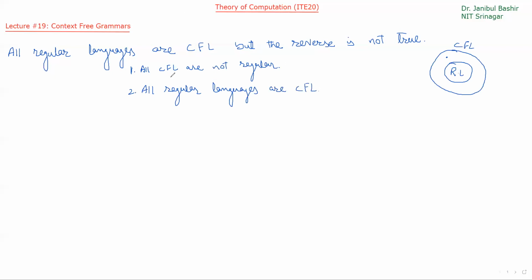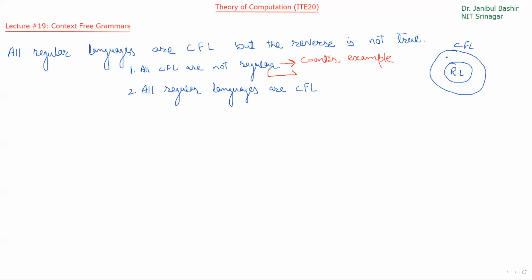The first statement, that all context-free languages are not regular, can be proved by the technique called counterexample. What does that mean? We will take a language that is context-free but not regular. That will prove this particular statement.